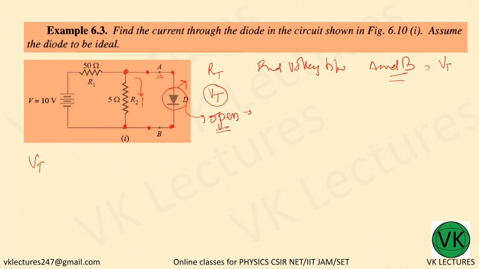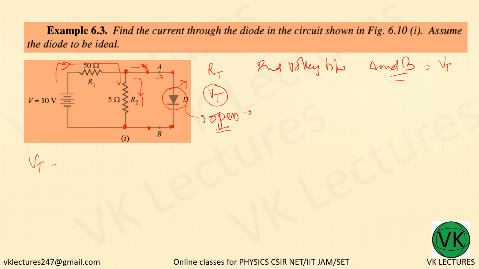Now, once we want current, we have to find the net current flowing. Whatever current flowing through this will flow through this, because this is open. There is no current flowing through this diode. All the current will have to move through this.